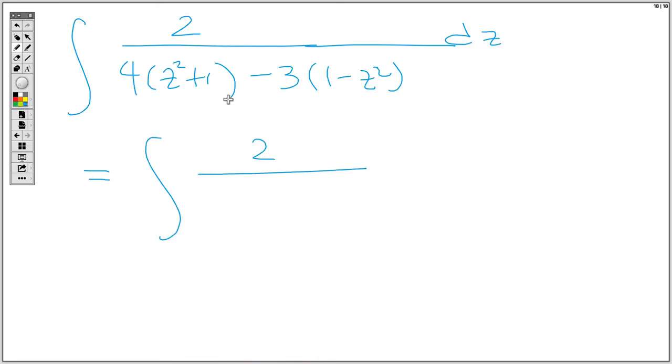I go through the algebra here. I got a 4z squared plus a 4 minus a 3 plus a 3z squared. So I'd have 7z squared altogether down there, plus 1.